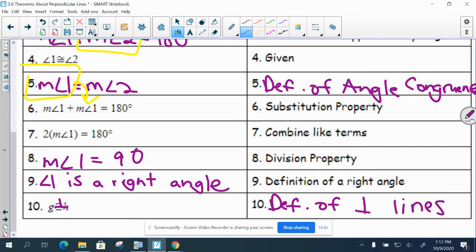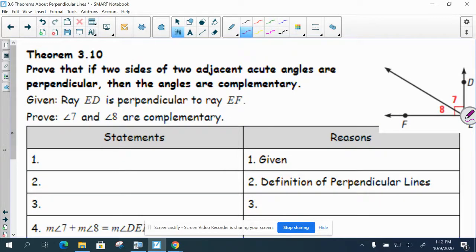All right, and let's look at one more proof. Prove that if 2 sides of 2 adjacent acute angles are perpendicular, so this angle here, angle 7 and 8, then the angles are complementary. So keyword here is perpendicular.